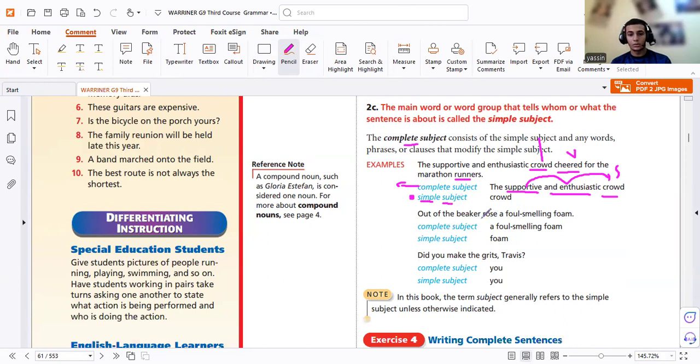For example, rose. What rose? Out of the beaker rose foul smelling foam. What rose exactly? The foam. So foam is the subject.